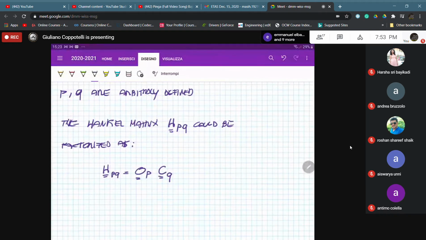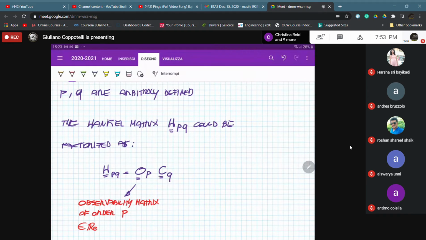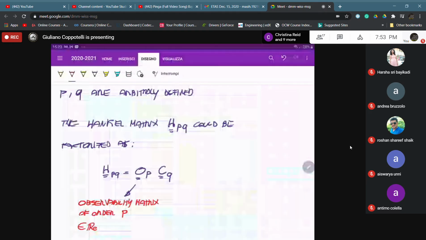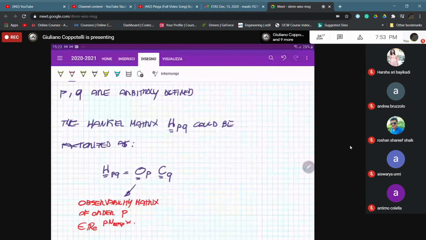Okay, and the OP matrix is your observability matrix of order P. Okay, it is a real matrix, with dimensions P number of responses times the dimension of your state.